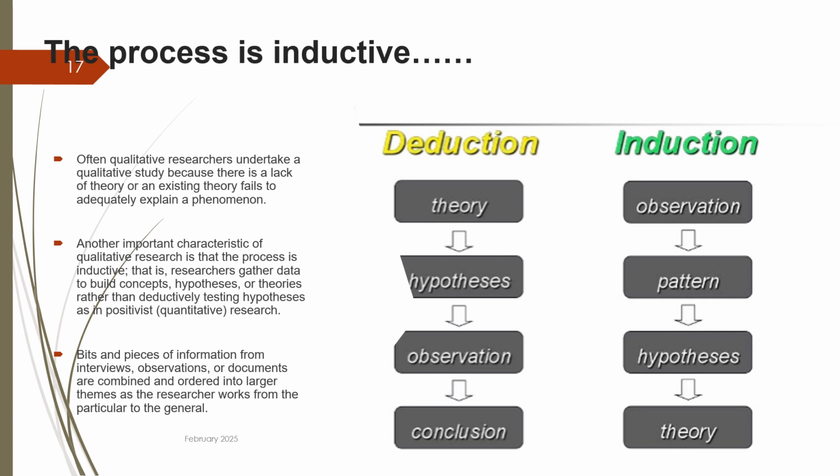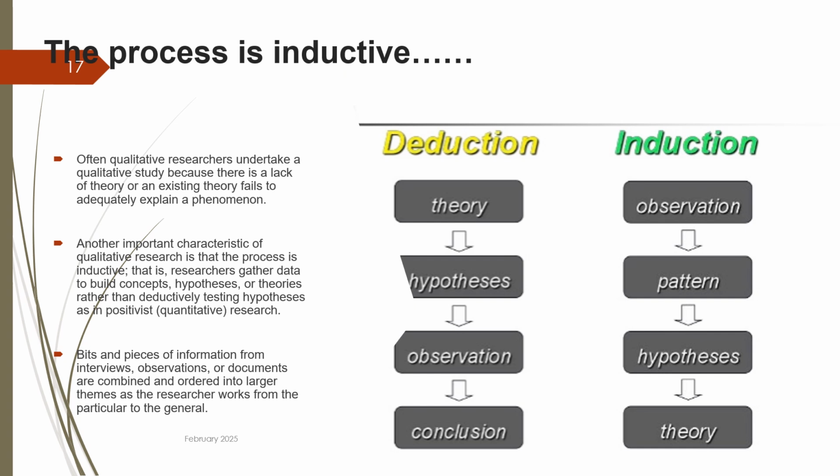Deduction can be done when we have an already established theory and we need to test this theory. This can be done using quantitative research, while in qualitative research, it's an inductive process where you will generate a theory from the collected data.